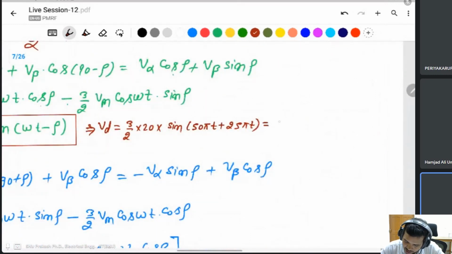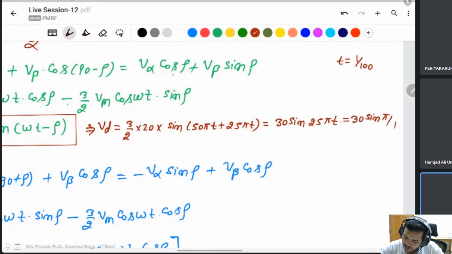This will be 30 sin 25 pi t, and t is given as 1 by 100, so this will be pi by 4. 30 sin pi by 4. Pi by 4 means 45 degrees, and sin 45 degrees is 1 by root 2.